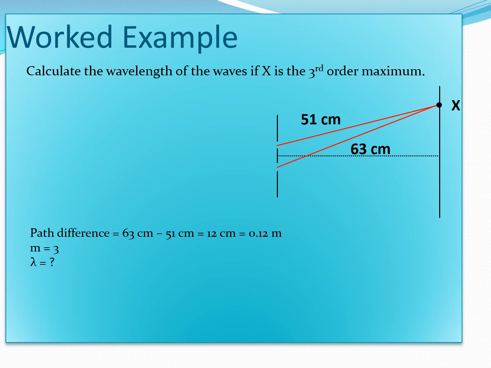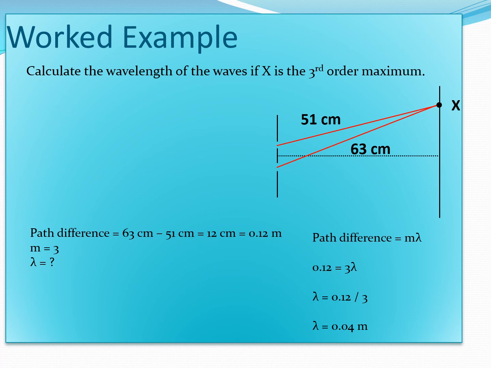So we just need to find the difference in these two values, which is 12 centimetres. You just need to remember to put it into meters. We know that it's the third order maximum, so m is simply 3. We sub it into our formula, the path difference is equal to m lambda, so 0.12 is equal to 3 lambda, and then rearrange it to get lambda is equal to 0.04 meters.